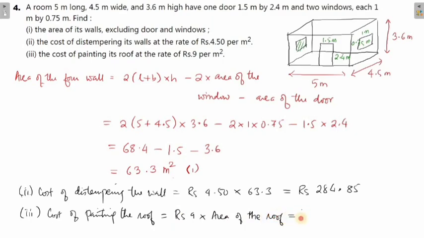The area is again length into breadth, isn't it? Length is 5 and breadth is 4.5. So let's quickly multiply this. It is 9 into 5 into 4.5, and when you multiply this, you get rupees 202.5. This will be your answer for this particular question.